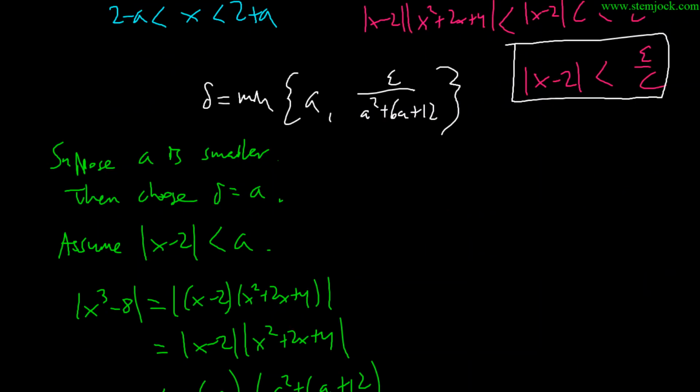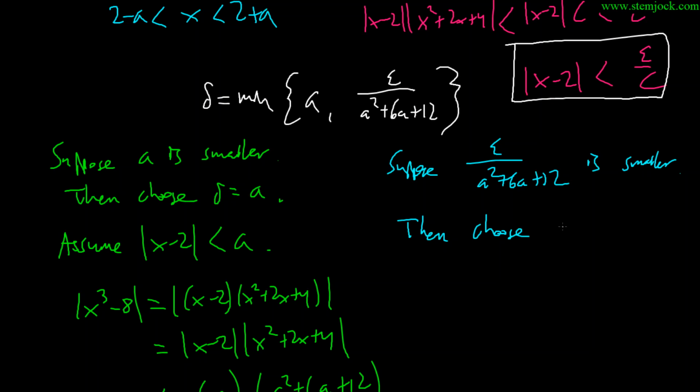Now we do the same thing again with this term here. So now suppose epsilon over a squared plus 6a plus 12 is smaller. Then choose delta equals epsilon over a squared plus 6a plus 12.